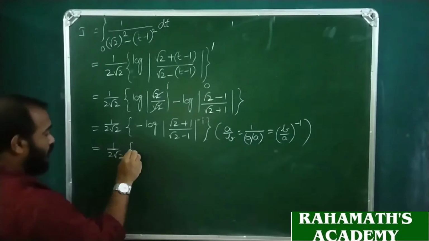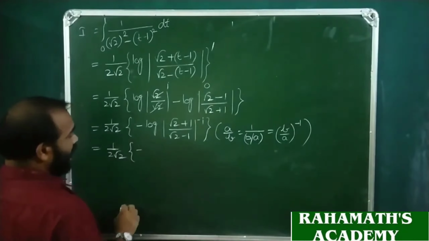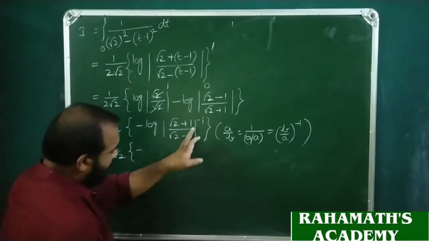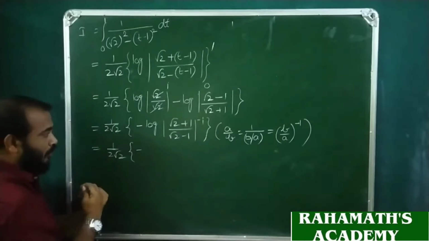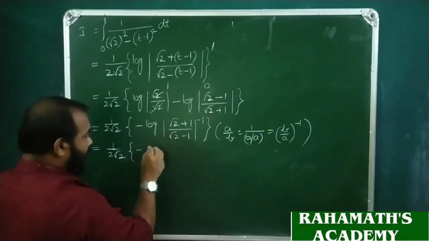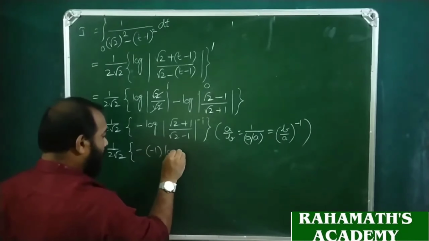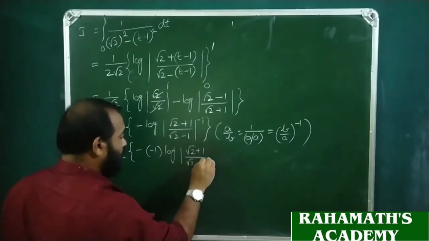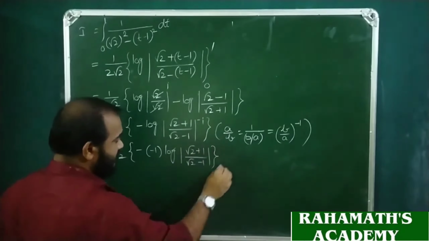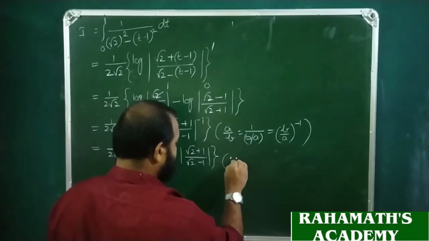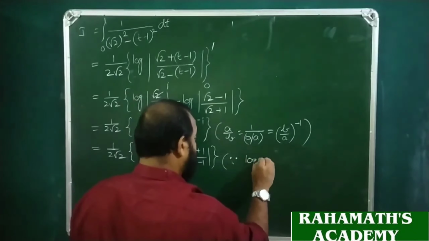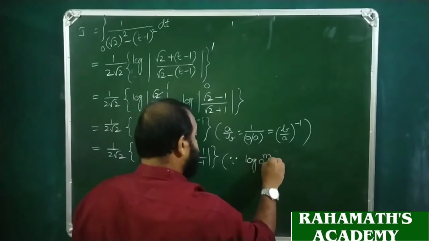Okay, next 1 by 2 root 2 minus log a to the power of m is m log a. This power will come forward according to the property. So minus 1 log root 2 plus 1 by root 2 minus 1, since log a to the power of m is equal to m log a.